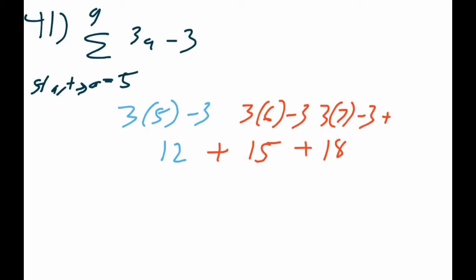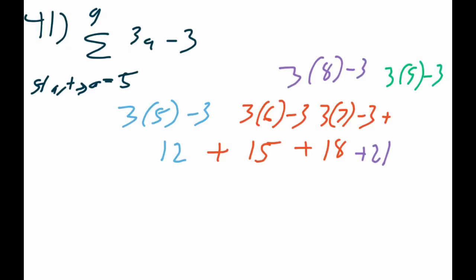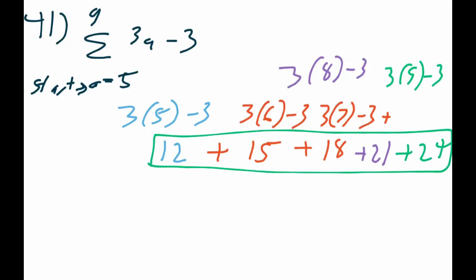And then 3 times 8 minus 3 to give me 21. And then 3 times 9 minus 3 gives me 24. So that's what I have, and then I add them all up. 12 plus 15 plus 18 plus 21 plus 24 is 90. So 90 is the answer for 41A.